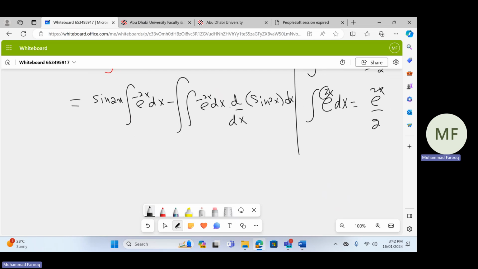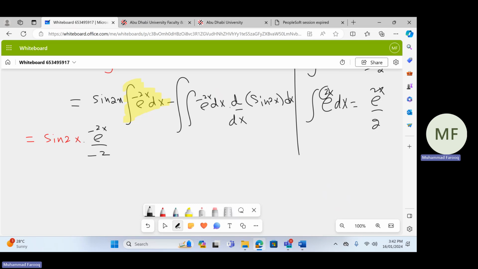So now look here. Why I shared the shortcut is because now, without any problem, you can write the answer directly. Integration of e power minus 2x is how much? E power minus 2x divided by minus 2. Otherwise, you have to take u and du, which takes time.